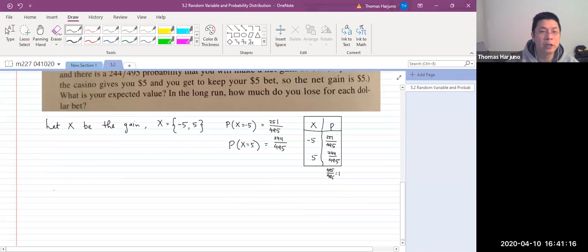Okay, now I will go on from this probability distribution. How do we find the mean and standard deviation? Let's define this first.